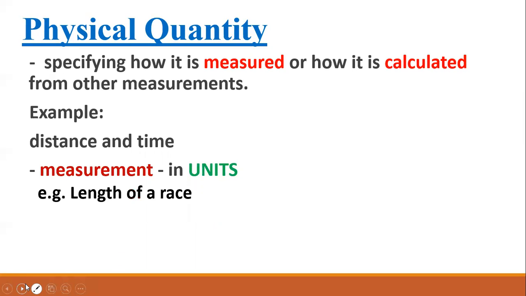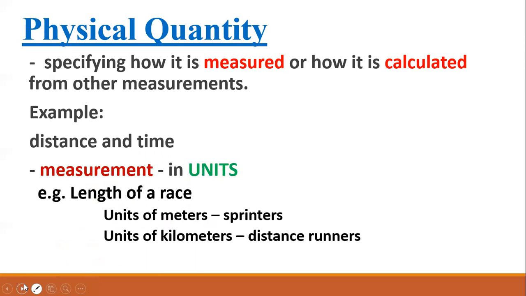For example, the length of a race is a physical quantity which can be expressed in units of meters, for example for sprinters, or kilometers for distance runners.